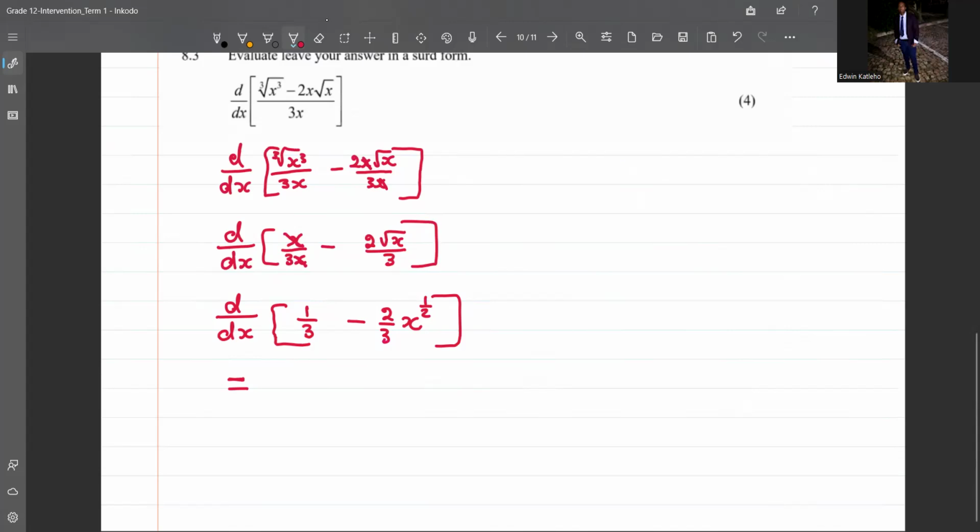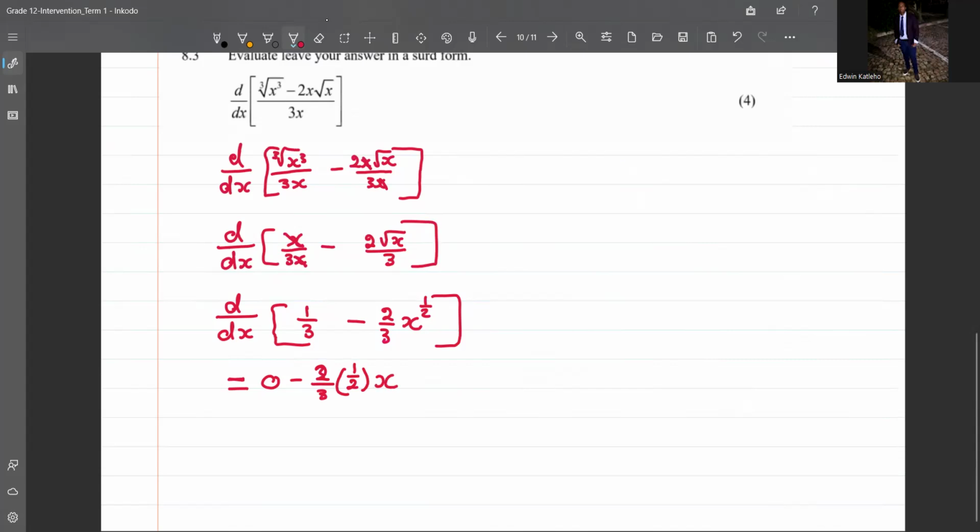So since we are now finding an answer for a derivative, you will then write an equals. The derivative of a constant is 0, because we don't have any x that multiplies that. Or even if we have, you have x to the power of 0 here. All right, minus. Now we are going to multiply the coefficient, which is 2 over 3, by our exponent 1 over 2.